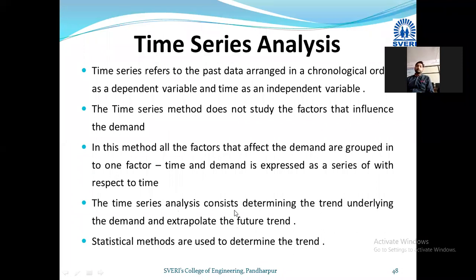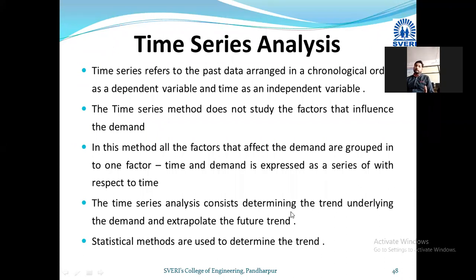First of all, in time series, we are going to understand the trend of a product, whether the product has a positive trend over the large time frame period, and then we are going to determine the next projection of that particular product for the next 10 years, next 5 years, next 1 year.